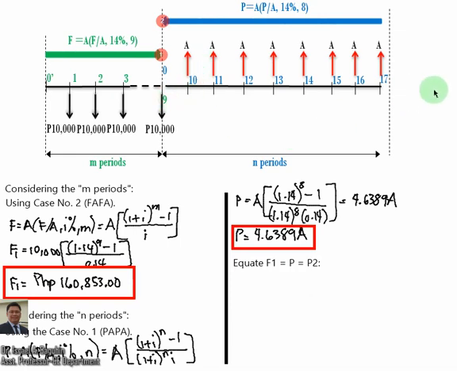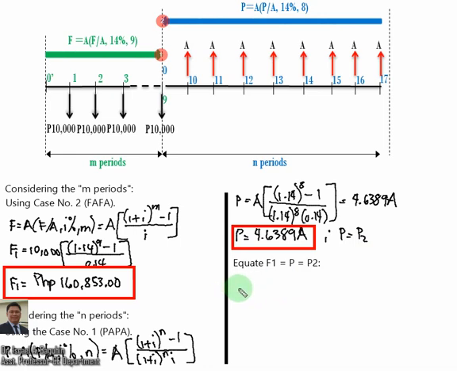So we can say that since we are considering point 2 here, our P here is just simply equal now to P2. So that's why we are using now F1 here is just equal now to this P, which is equal now to P2.